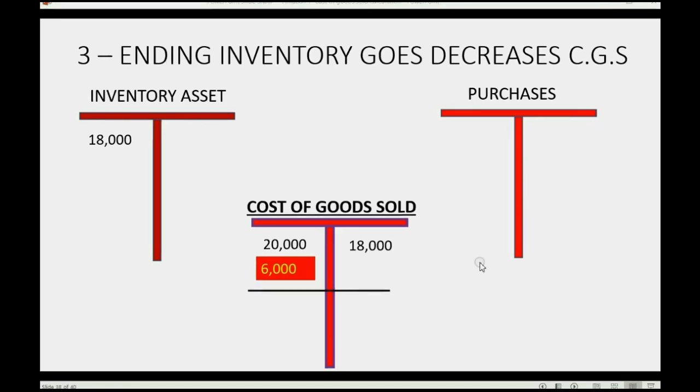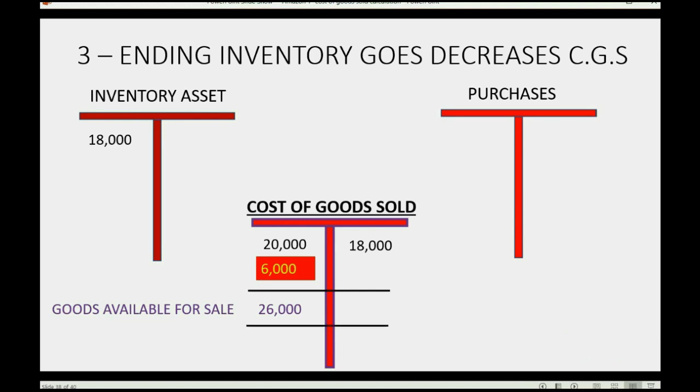And now our cost of goods sold account in the chart of accounts has every part of the calculation. On the left, it has the beginning inventory and the purchases. So the total on the left is the goods available for sale.